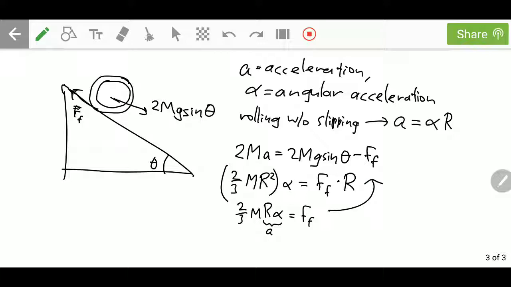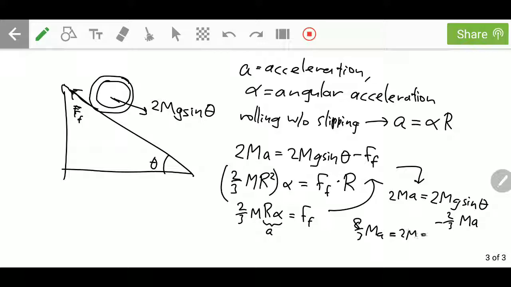And so now we can plug that back into here. So we get 2ma is equal to 2mg sine theta minus 2/3 ma, and so then moving this to the other side, we'll get 8/3 ma is 2mg sine theta, and then of course we can cancel m's, and ultimately what we get is that a is equal to 3/4 g sine theta.